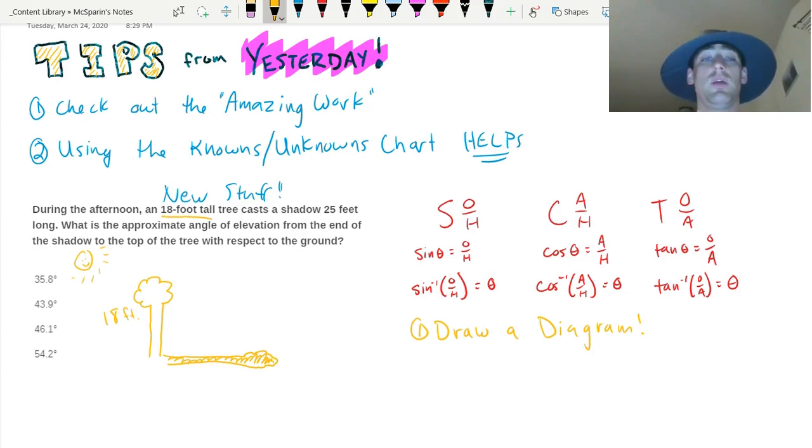That's good. And the shadow is 25 feet long. Now, what is the approximate angle of elevation from the end of the shadow to the top of the tree with respect to the ground? So what we need to recognize is that this just made, ready for it, a triangle.